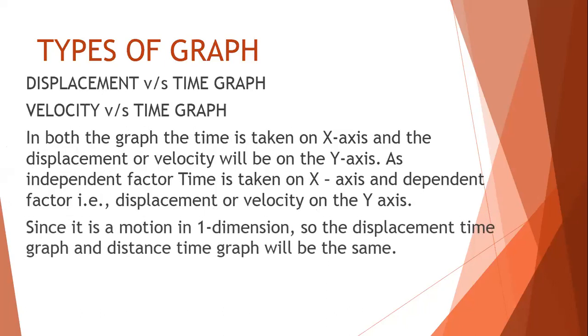We also know that we are discussing motion in one dimension. So the displacement time graph and the distance time graph will be the same. Because if the object is moving in a straight line, it is motion in one dimension, and the displacement and distance will be the same.